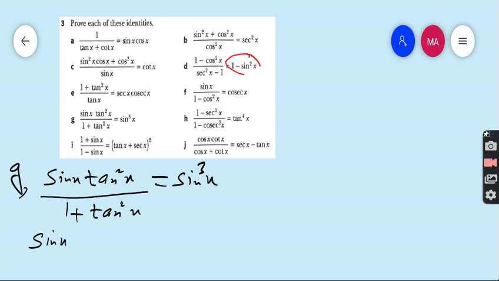Sin x and this tan square x remains tan square x. 1 plus tan square x is what? Sec square x.